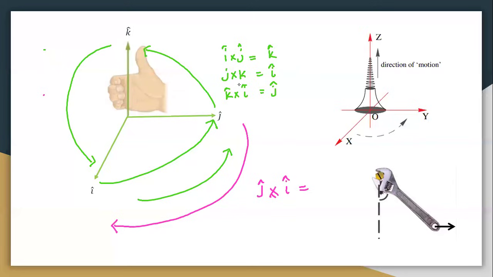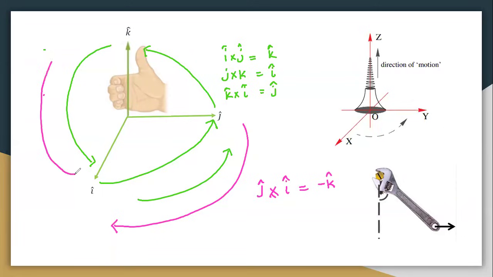I'm just testing. Members are saying we get K. But since we are taking the opposite direction, and in vectors, direction is very important, we shall get negative K. Not just K, but negative K. So you take into consideration the direction.